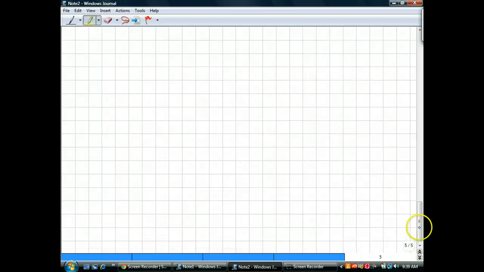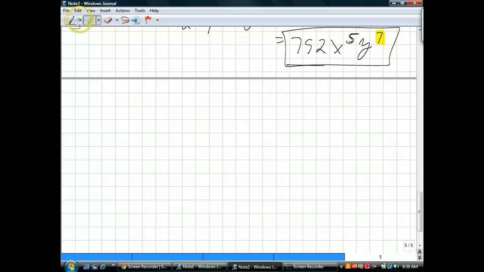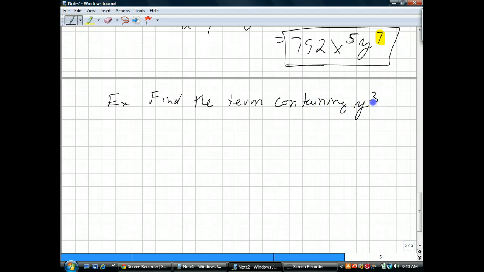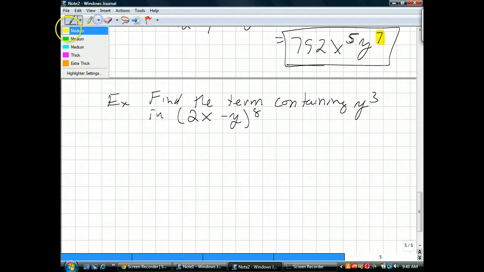All right, now here's an example where we have numbers with our variables. So example, find the term containing y to the 3rd in the expansion of 2x minus y to the 8th. Okay, so in this case, my a term is 2x, my b term is negative y.